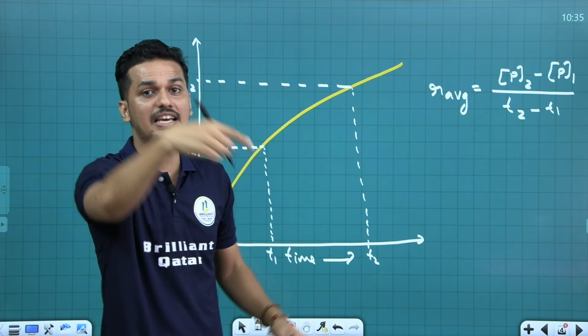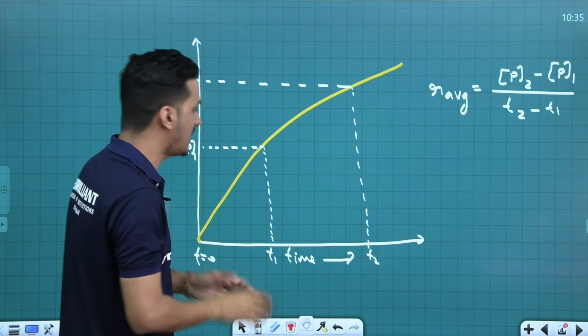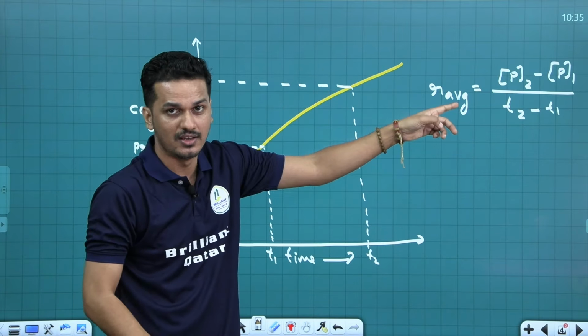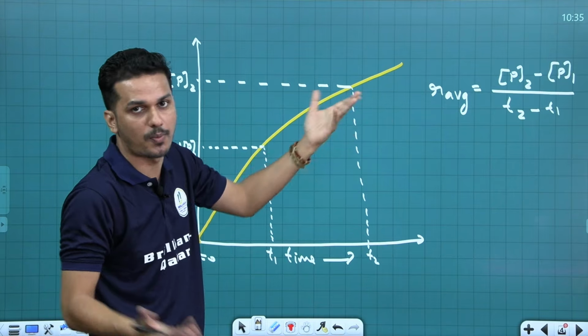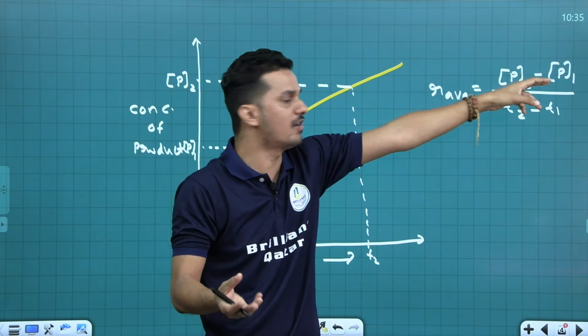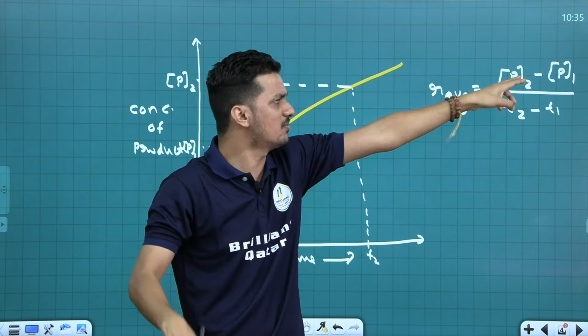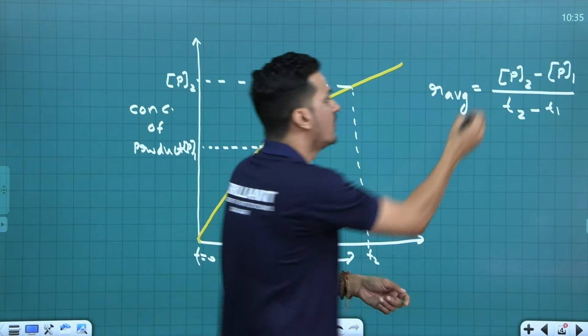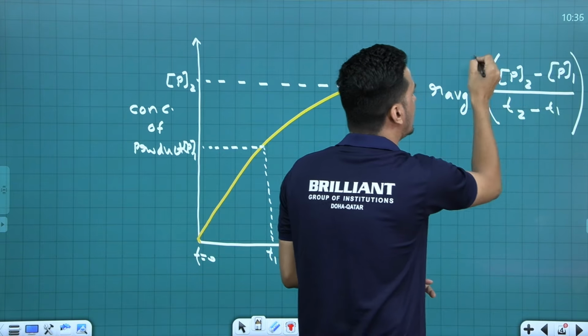But in the case of reactants, we put one negative there. Here this is actually positive only. No problem. P2 is larger and P1 is smaller, so this value is positive. Even so, we will put one positive here. Why?